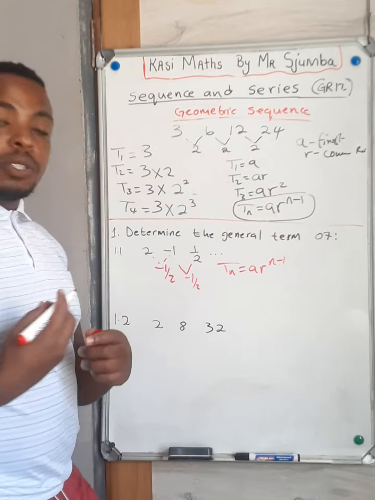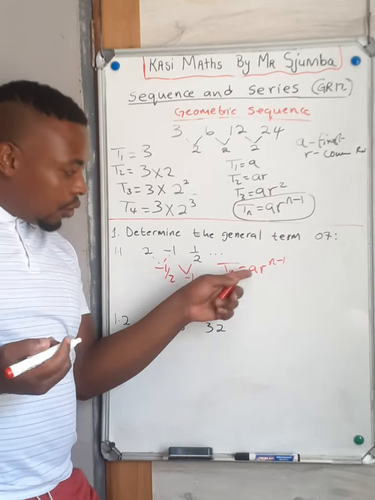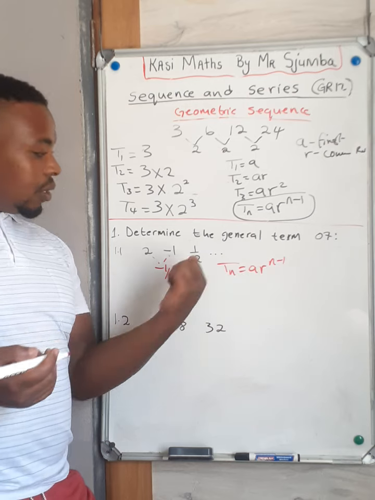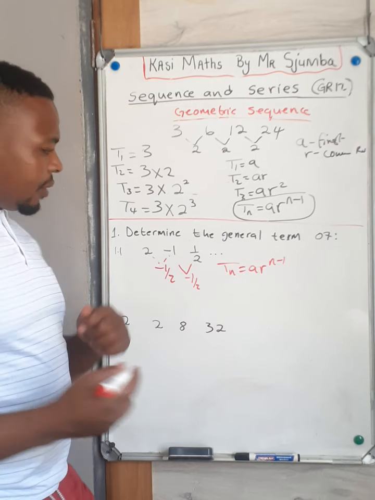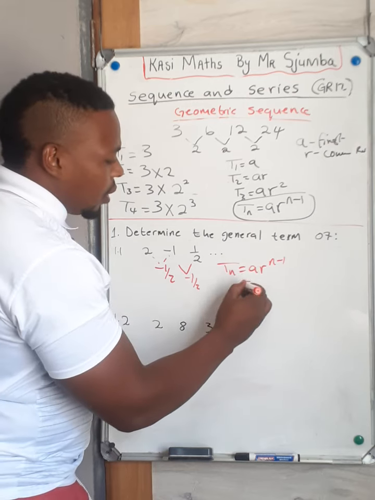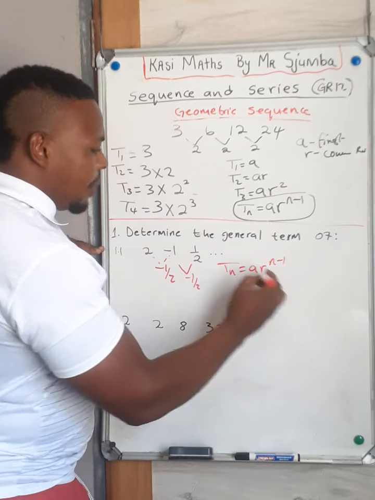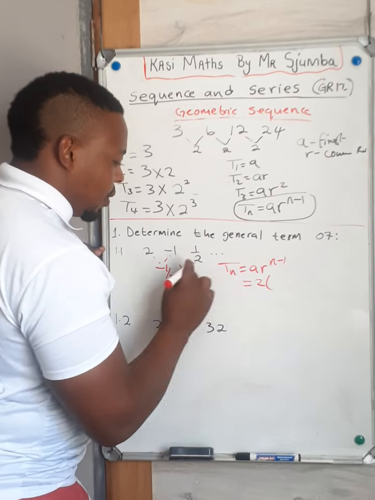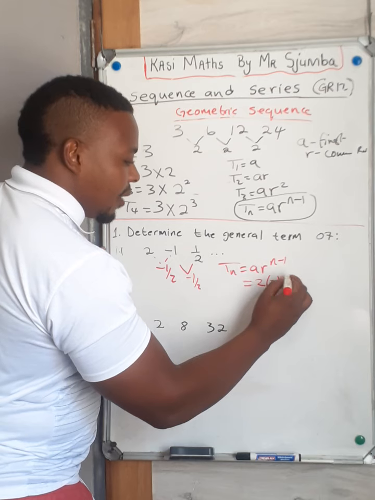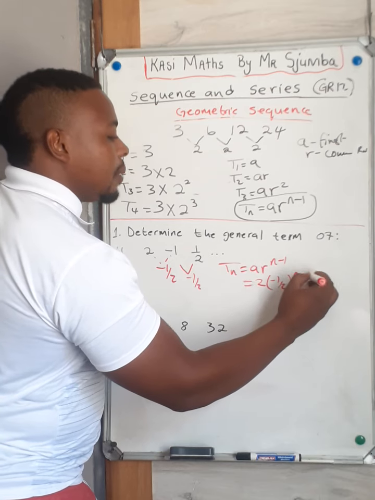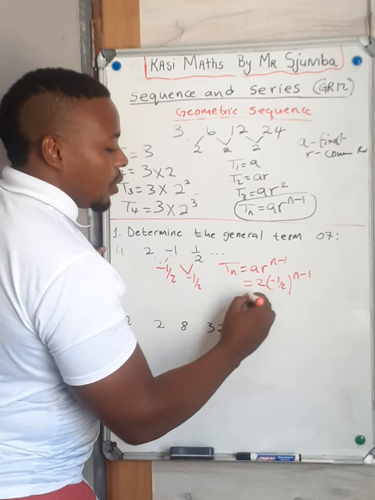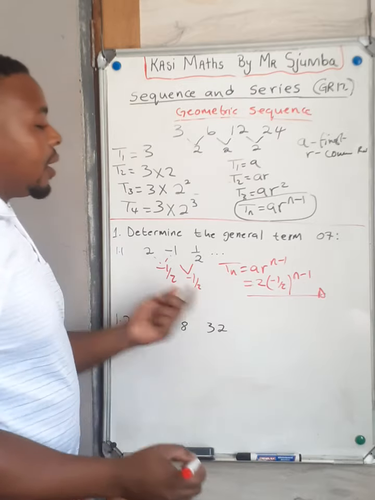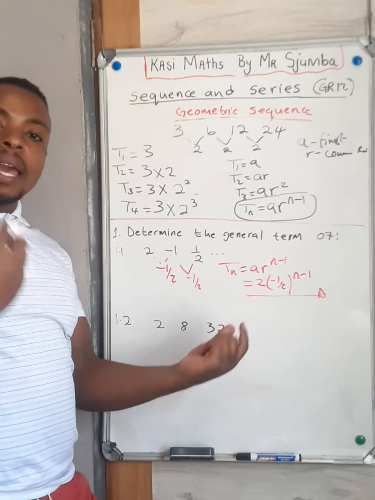Then we substitute the first term, which is A, and R, the common ratio, and everything will be set. So the first term is 2, the common ratio is negative half, raised to n minus 1. This is our general term, or our nth term.